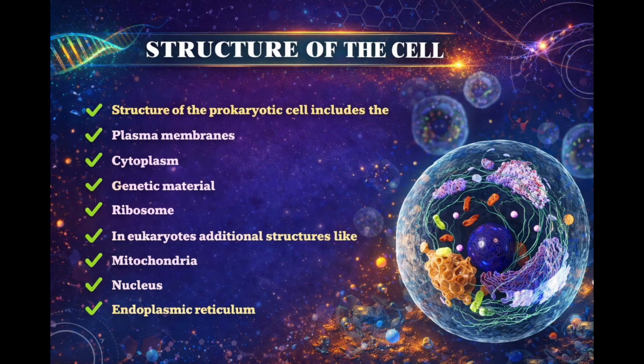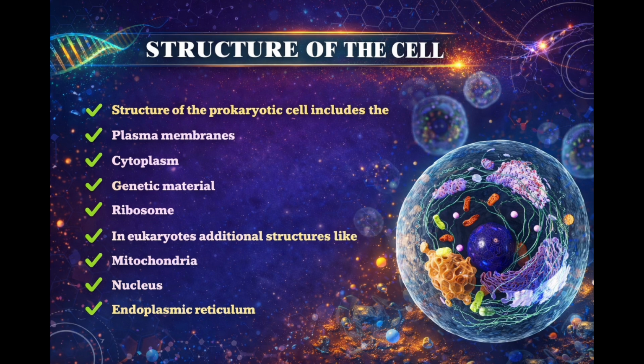Next, structure of the cell. There are two kinds of cells: prokaryotic cells and eukaryotic cells. Prokaryotic cells are primitive cells. They include structures such as the plasma membrane, cytoplasm, genetic material and ribosomes.